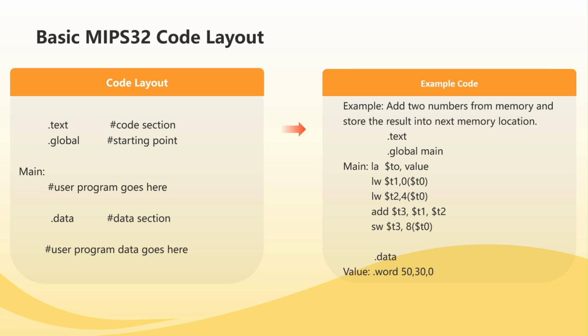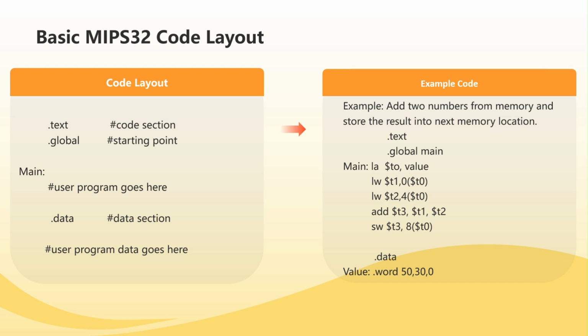So the first instruction is the load address instruction. The load address instruction loads the address of the value label into register $t0. This makes $t0 point to the memory location where data is stored. Next is the load word instruction, which loads the word stored at the address in $t0 into register $t1.